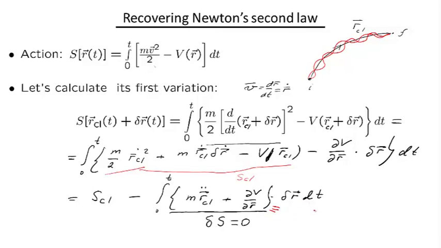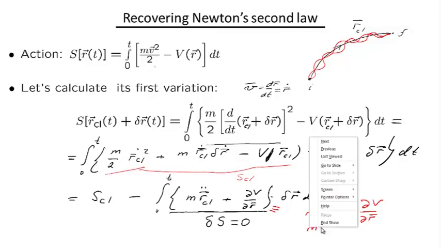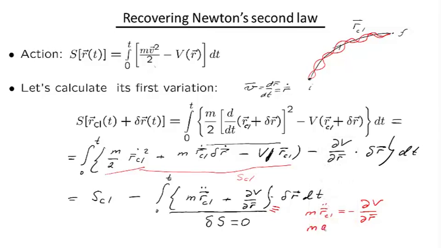If we write it out, we get m r double dot is equal to minus dV over dr. The second derivative of the coordinate is known as the acceleration, so the left-hand side is simply m times a, and the right-hand side is the gradient of the potential energy, which is the force acting on the particle.